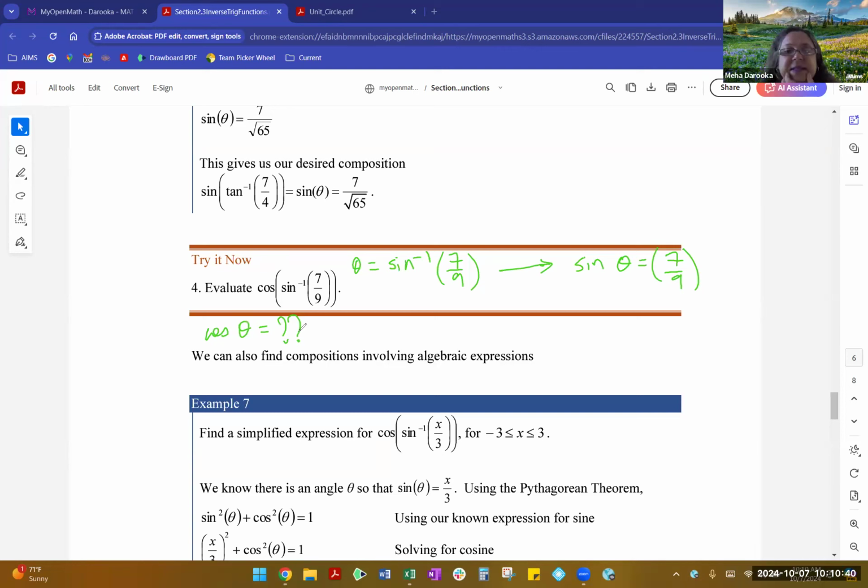So take a minute, think about what you need to do to solve this, and then let's see what you come up with.